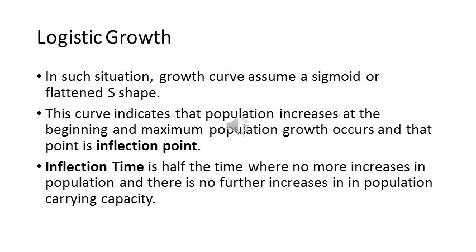The beginning of population growth is normally at an exponential level, and after that the maximum population growth occurs, and that point is called the inflection point. The inflection time is actually the half of the time, after which there is no further increase in the population, at the carrying capacity.